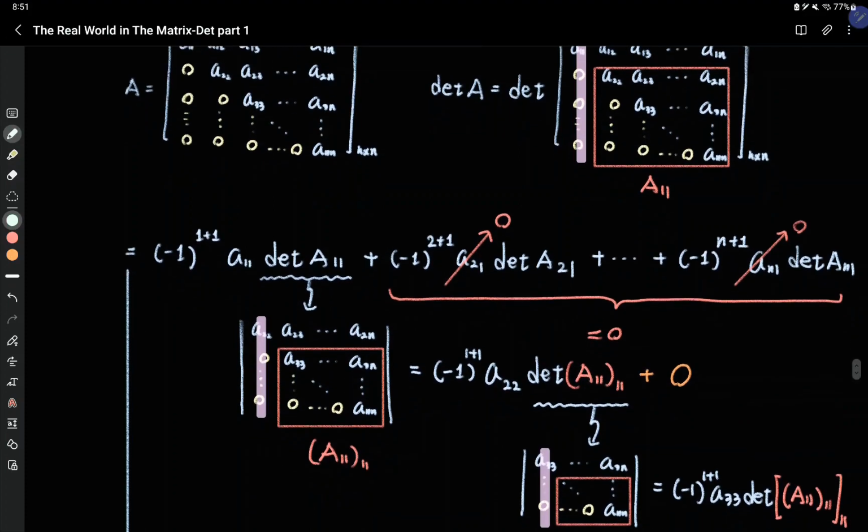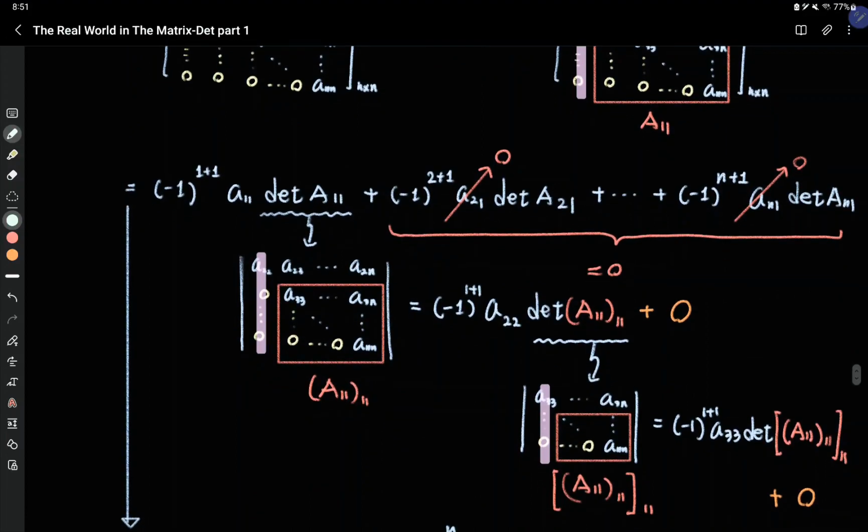Now what's the determinant of the submatrix A sub 1 1? To find it, we choose the first column in this submatrix, which gives a submatrix of a submatrix, A sub 1 1 and sub 1 1.